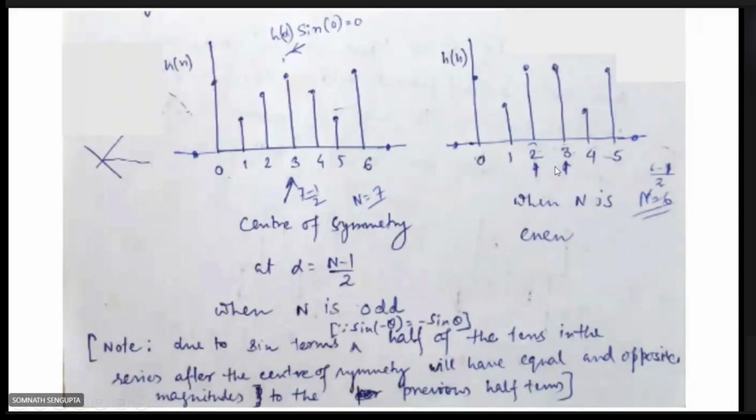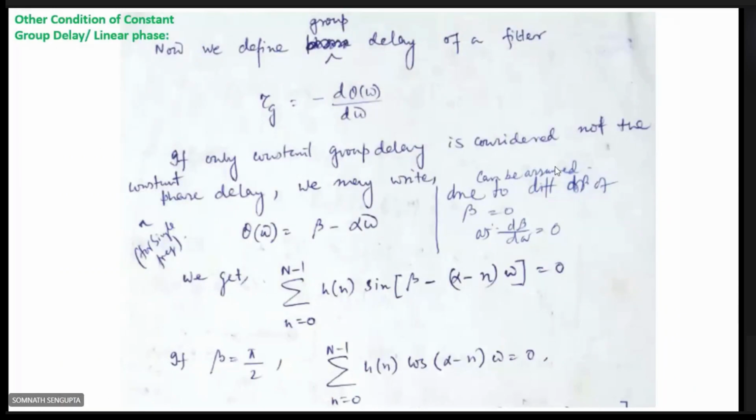So in this way the overall summation will be 0, and at that time you can say that it will be a linear phase filter. So this was one condition of linear phase. Another condition can suitably be assumed, and you can assume that it is symmetric.